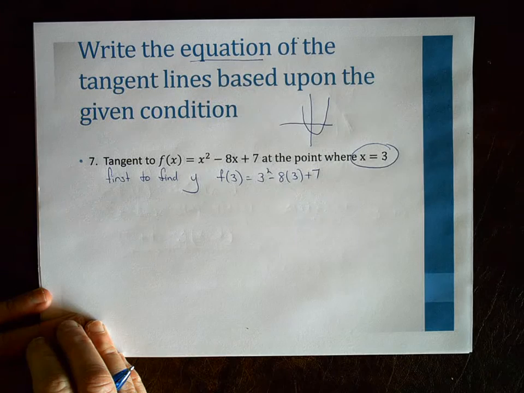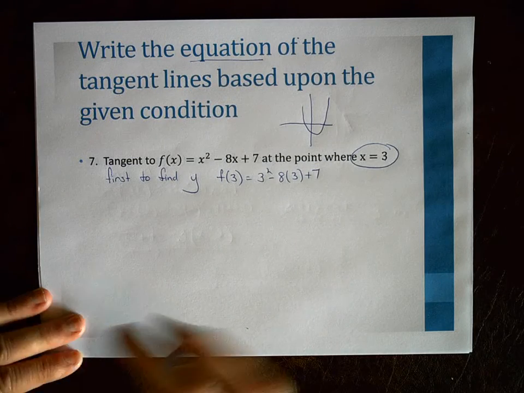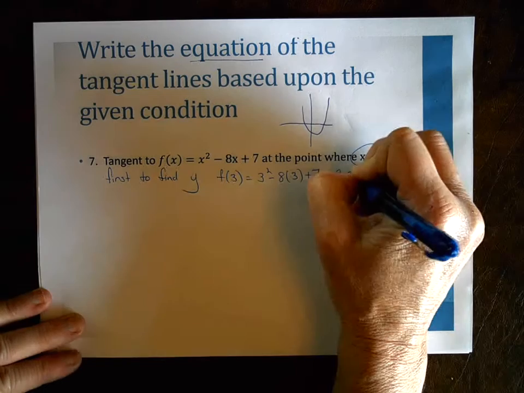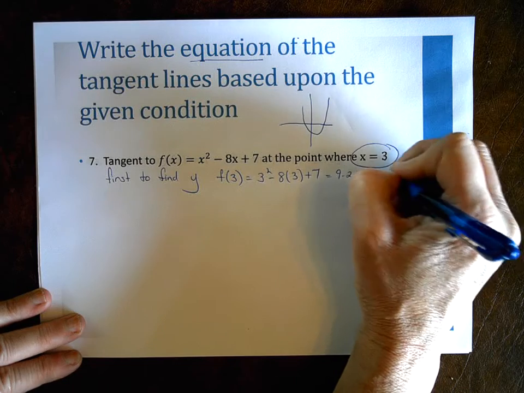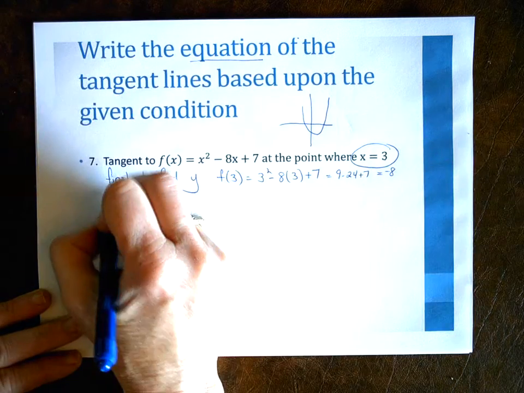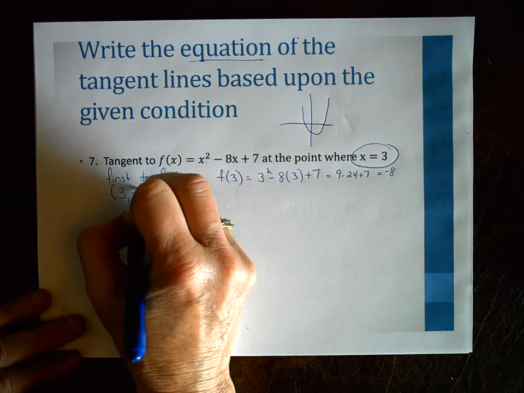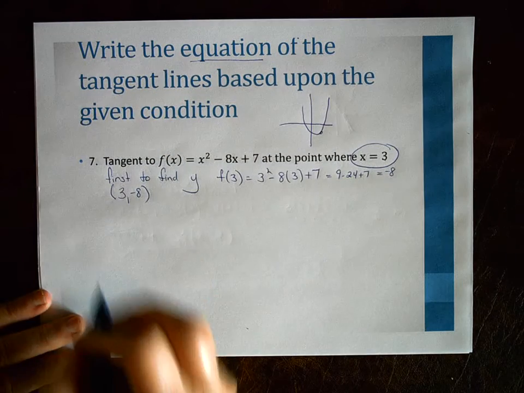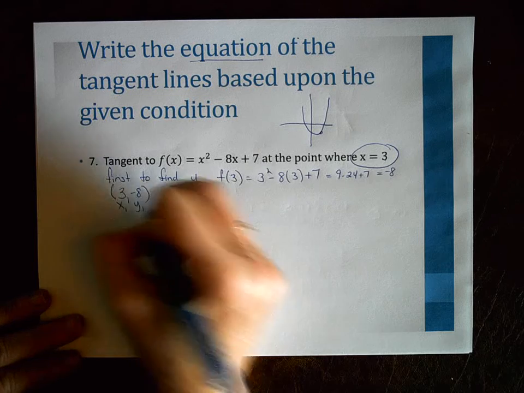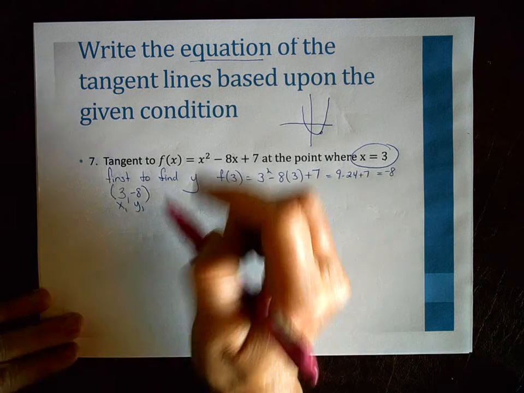That is going to give us a total of 9 minus 24 plus 7. So that gives us a total of -8. So now we know the point (3, -8) is on the graph. Somewhere down here. Okay, so that's our x1, y1. Next goal is to find m.